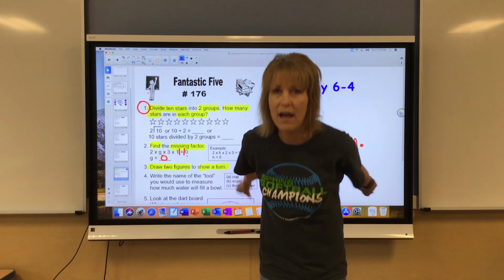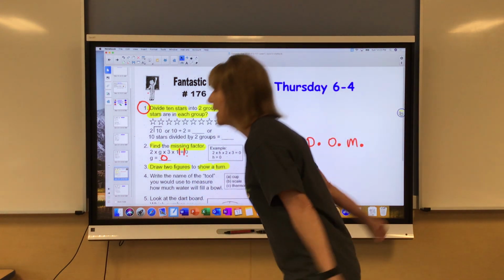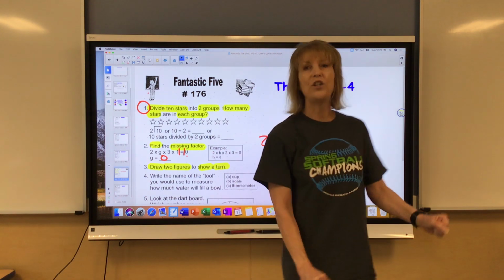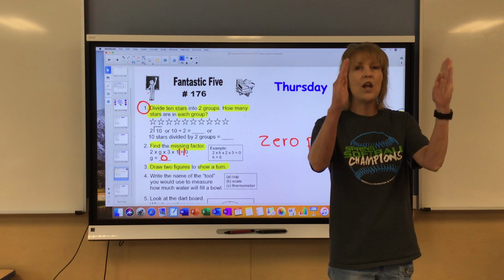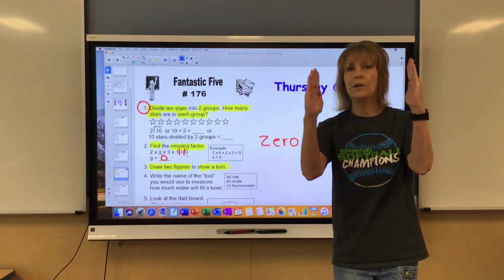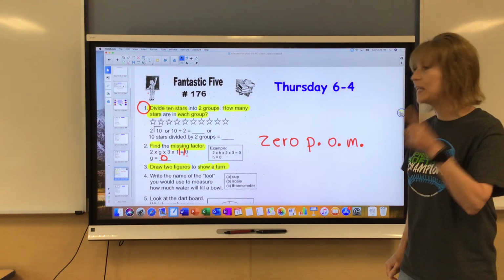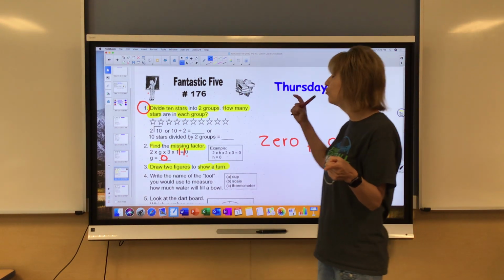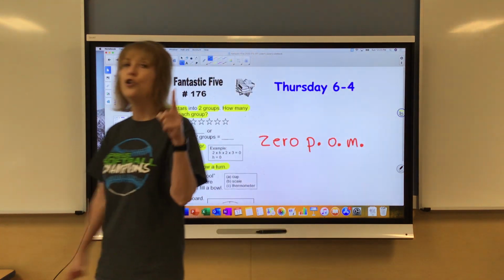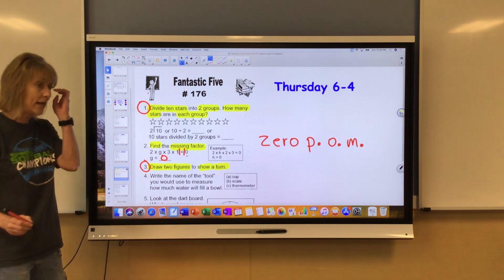I can have a flip, which is also called a reflection, or I can have a turn, which is called a rotation. Now for this one, Mr. Fantastic 5 wants me to draw 2 figures to show a turn. So we're going to do that on a clean white sheet.